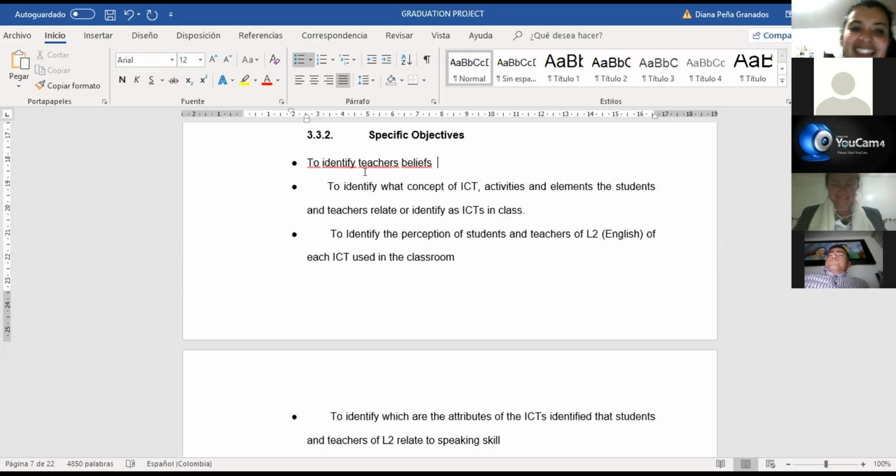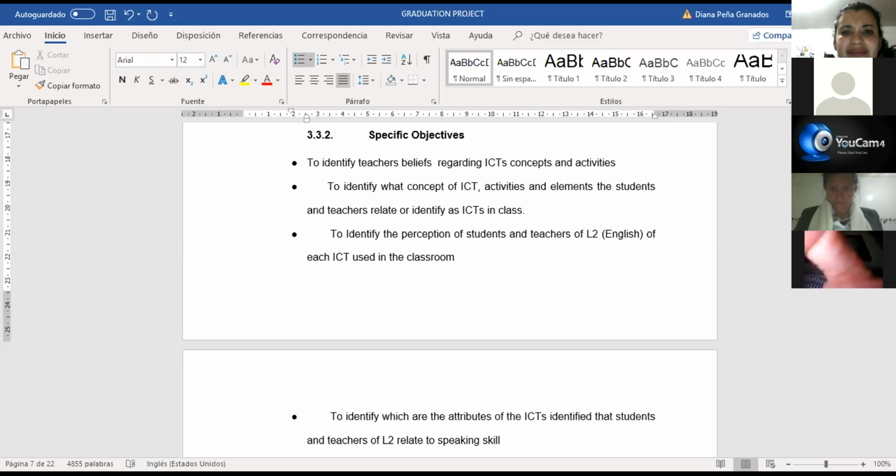Okay, so identify teachers' beliefs regarding ICT concepts and activities in class, in English class.